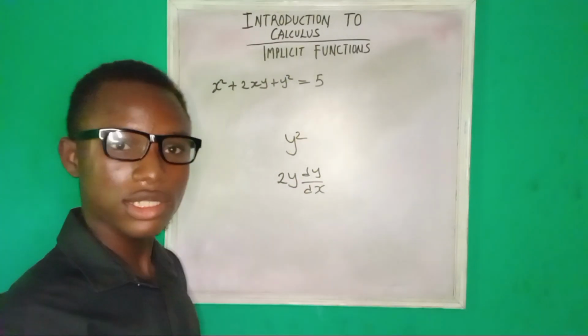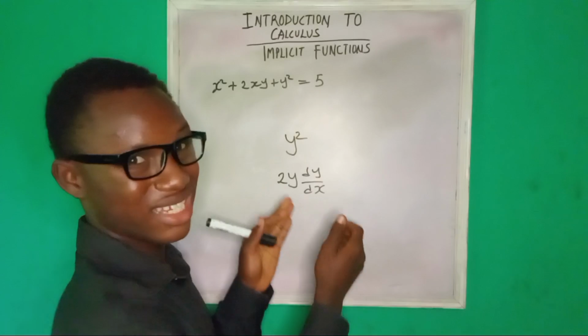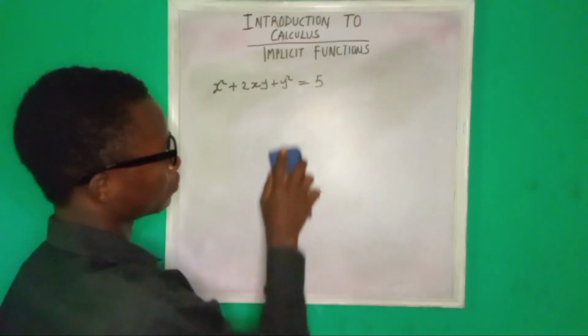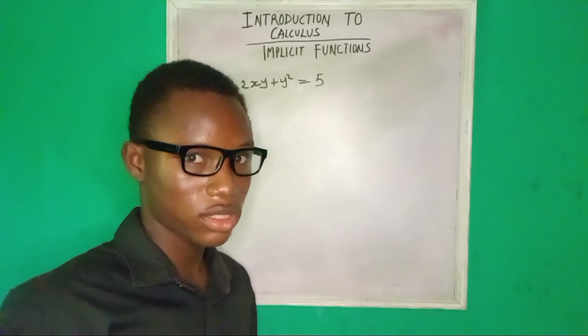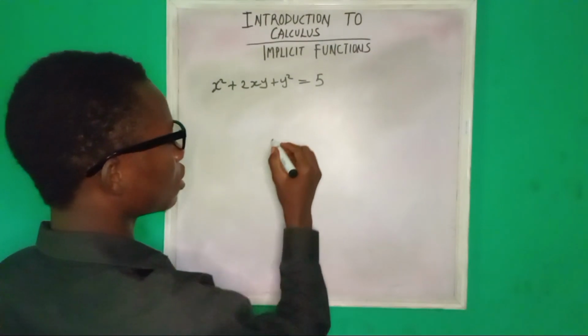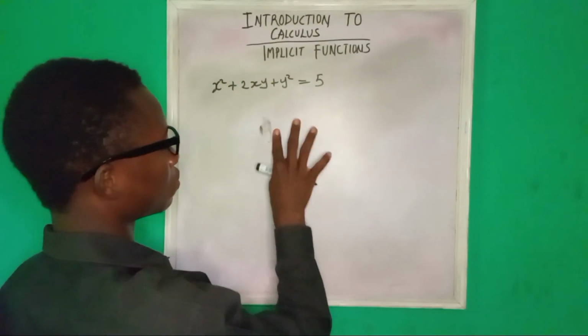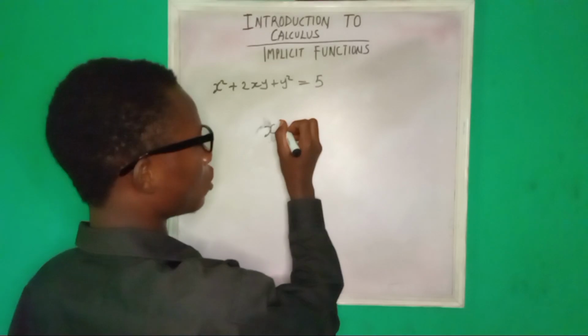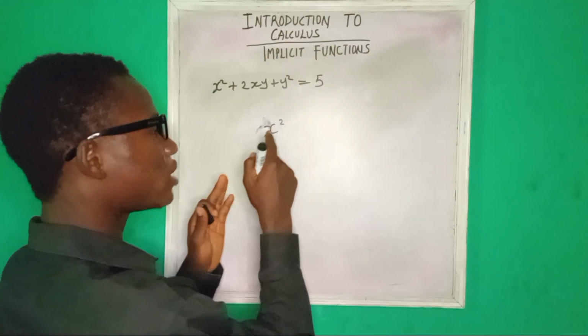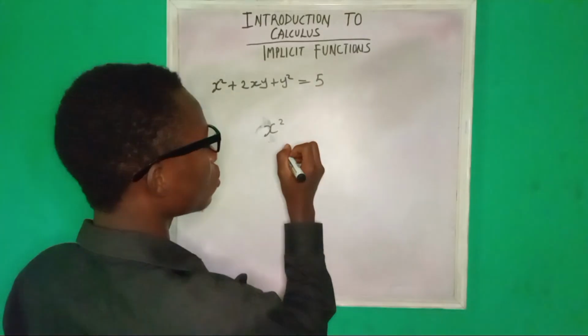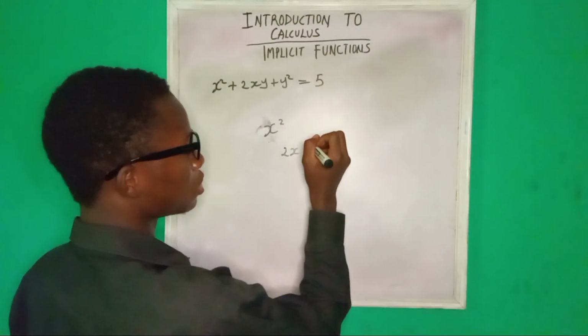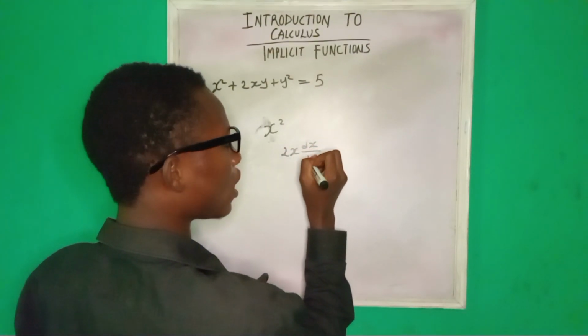And a reasonable explanation for why it is like this is because when you are differentiating a function of x with respect to x, like x squared, as I mentioned before, it is actually going to give us 2x dx over dx.